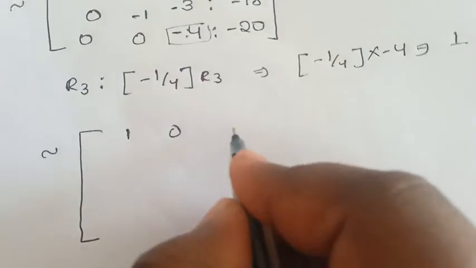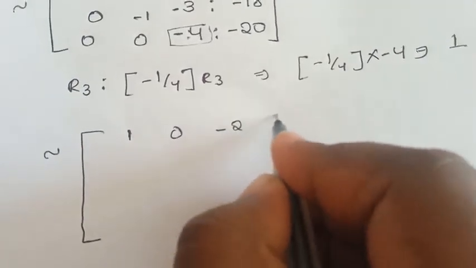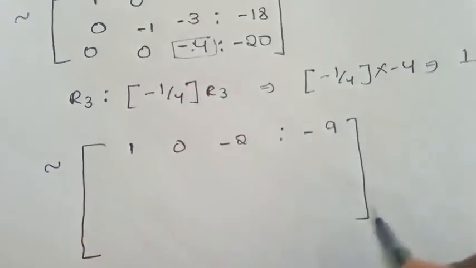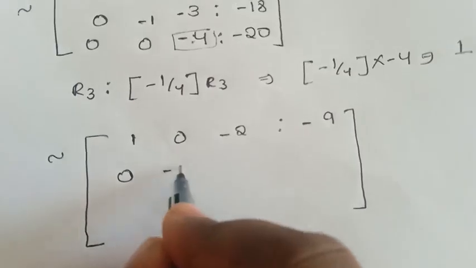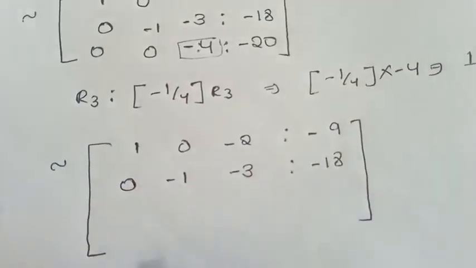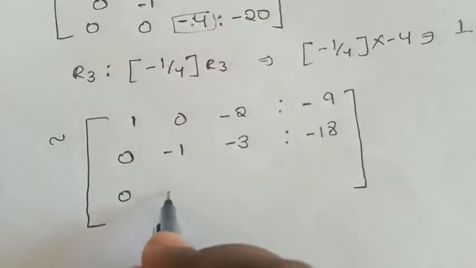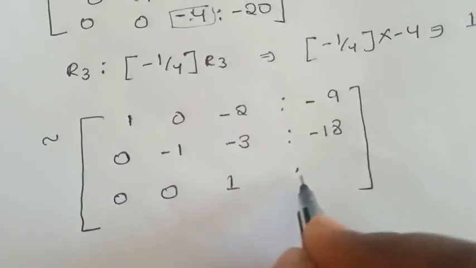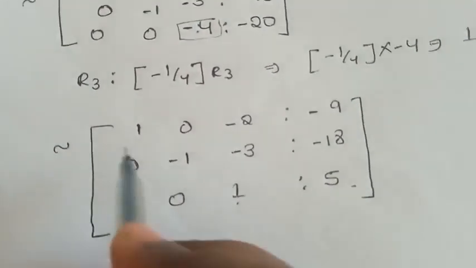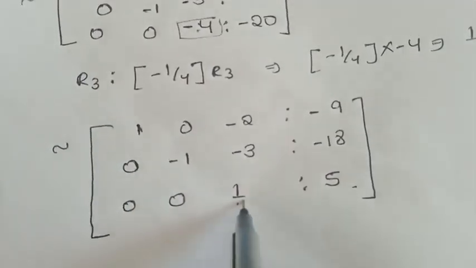So yes, after applying this row operation, we will get 1, 0 and minus 2, then minus 9, then 0, minus 1, minus 3 and minus 18. Then 0, 0, 1 and 5. So we got 1 here. This is done, and this is done.